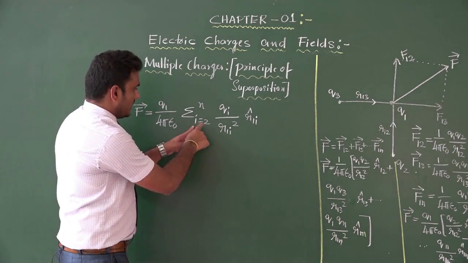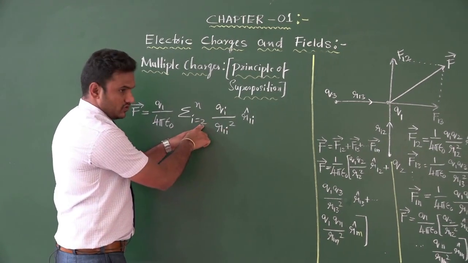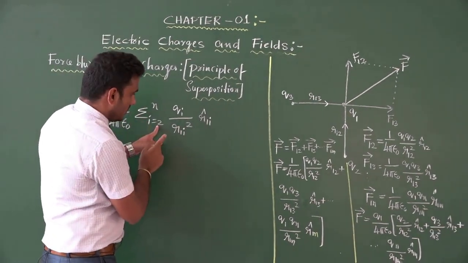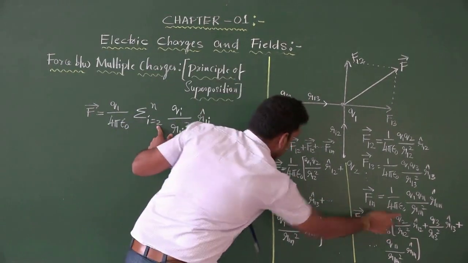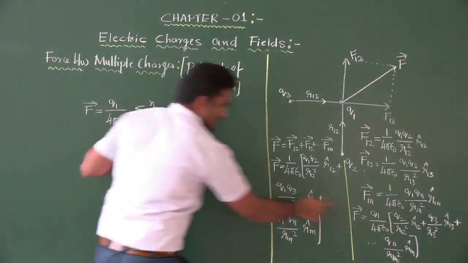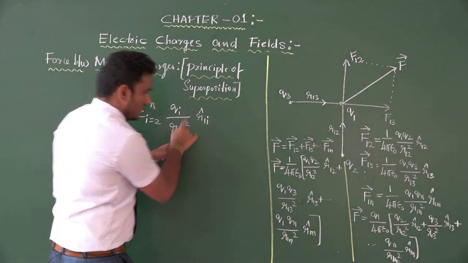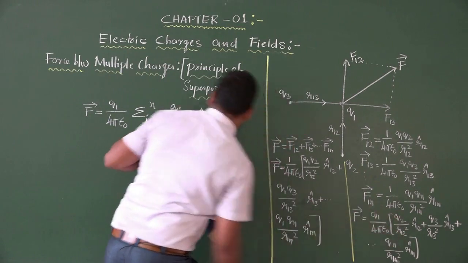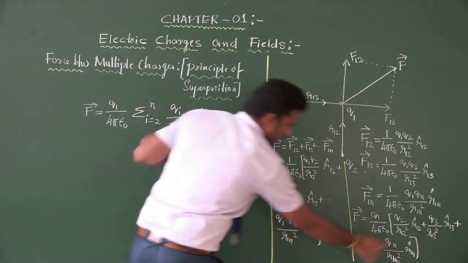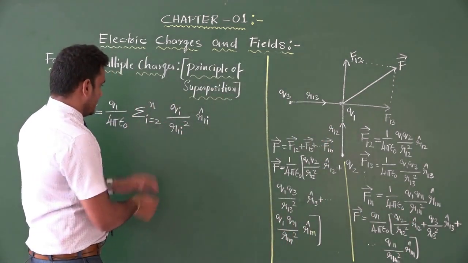Summation of i from 2 to n means in the place of i we can substitute 2, 3, 4, 5 up to n. Let me check it out. The first one, in the place of i I am giving 2, it becomes q2, r12 whole square, r cap 12. Let me check it out for 3.